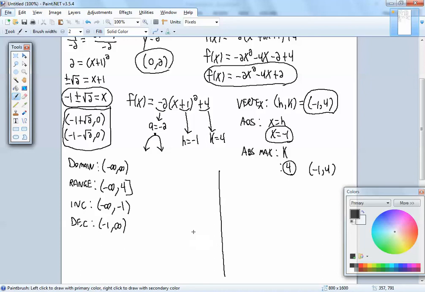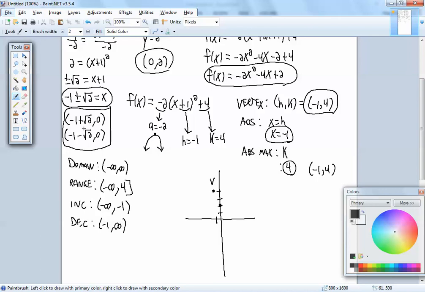And let's start graphing this and see what we got. See, graph opens down. Okay. So our vertex is -1, 4. Which should be right there. And it's opening down. The y-intercept is 0, 2, which is right here.